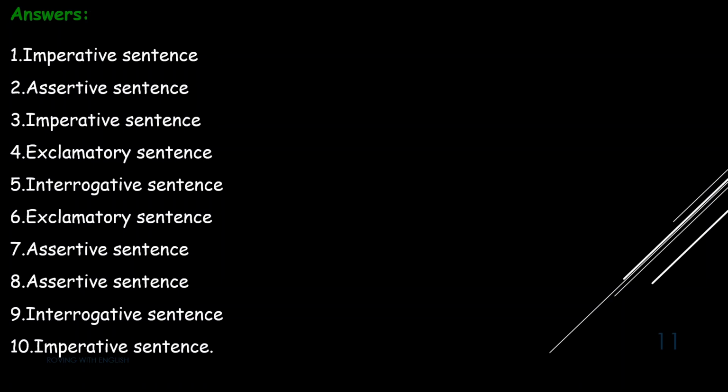What a horrible sight it was! Exclamatory. My father is a bank employee, assertive or declarative. Children like sweets, assertive again. Who is at the door? Interrogative. Don't make noise, imperative.